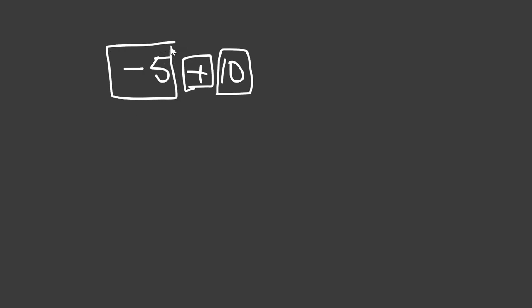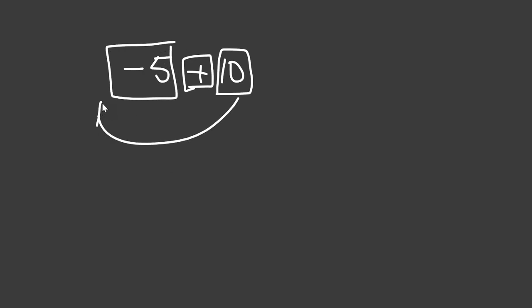Let's try one ourselves. Negative 5 plus 10. What does that equal? Well, 10 is one term. As I said, we don't need to add that plus because it's a positive number, but we do need to attach that negative sign because 5 and negative 5 are different.